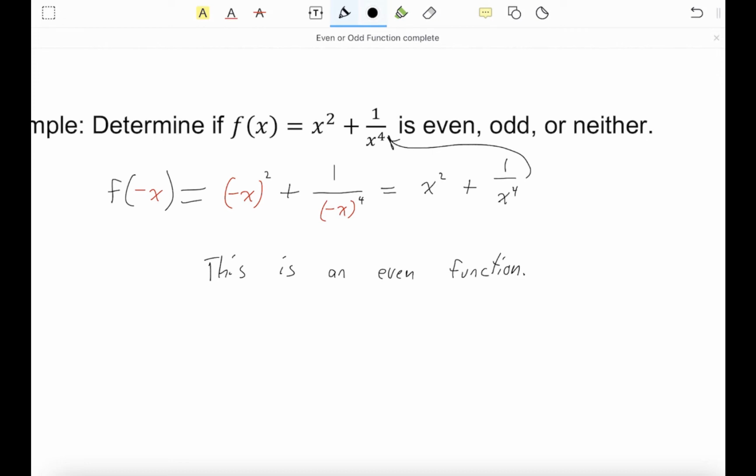One nice thing about determining even or odd is that if you find that it's even, or if it's odd, it can't be the other. So it saves a little bit of time if you guess correctly.